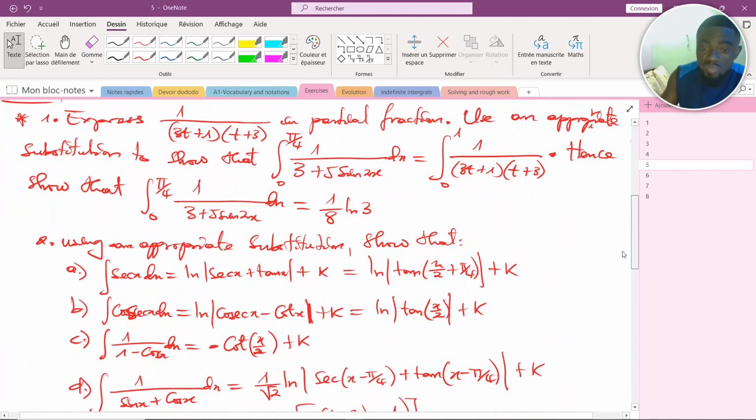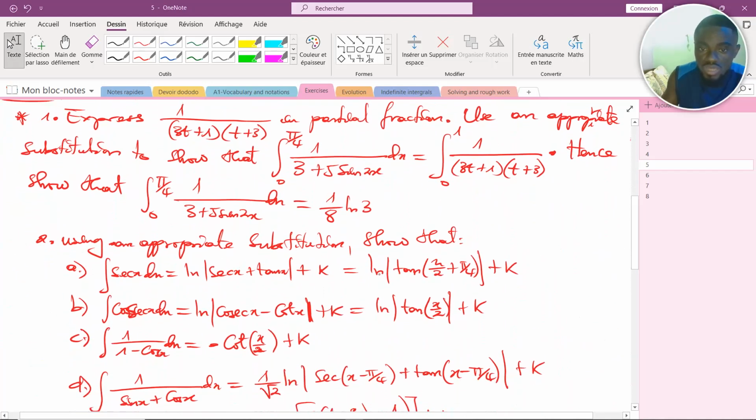You should remember this result, ln of the absolute value of tan of x on 2 plus pi on 4.